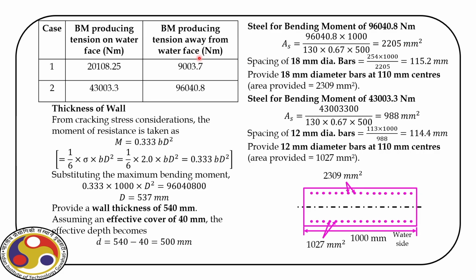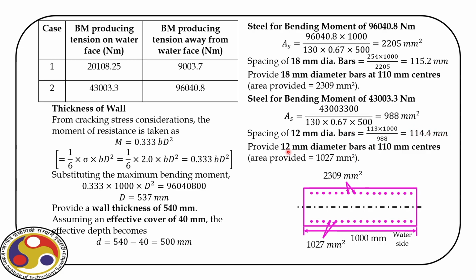So that is the one load case with tension away from water face, and the other value of the bending moment for tension on water face is 43,003.3. So let us find out the steel corresponding to that bending moment, as you can see here, and it is 988 millimeter square. So on this face, let us provide 12 phi bars, and for that the spacing is 114.4 millimeters.